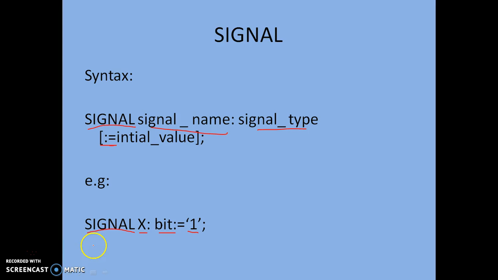Also you can declare in another way. Write the syntax signal Y, colon, the data type, say std_logic, and then you can force it to a value, say 0.